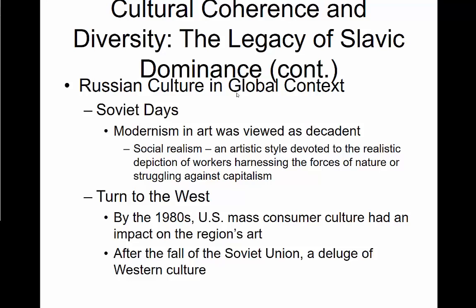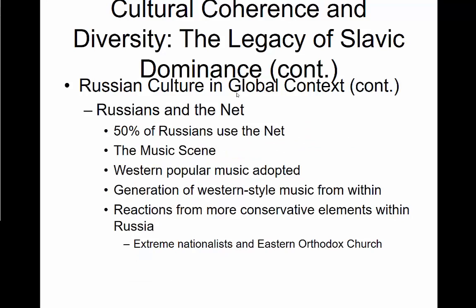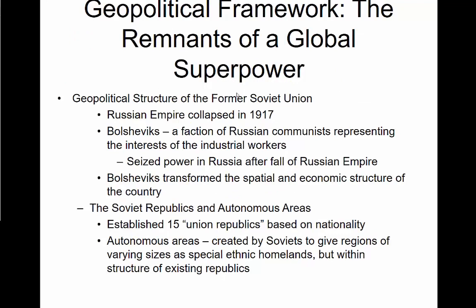So it talks about the fall of the Soviet Union, deluge of Western culture, predominance of Russia, as well as some conservative and nationalistic elements. The Russian Empire collapsed in 1917, the last of the Tsars, and there were the Bolsheviks, a faction of Russian communists representing the interest of industrial workers, which kind of went through the early 1990s.